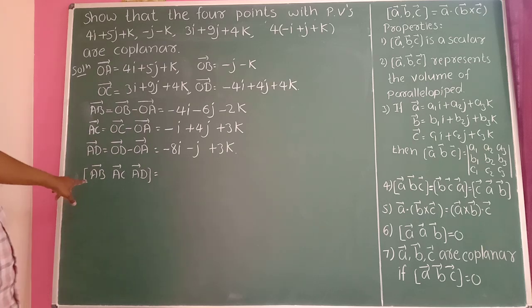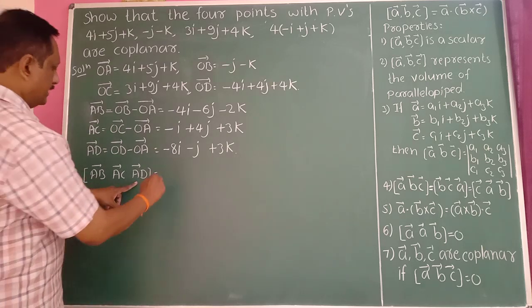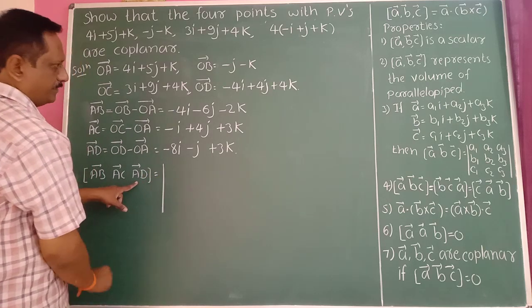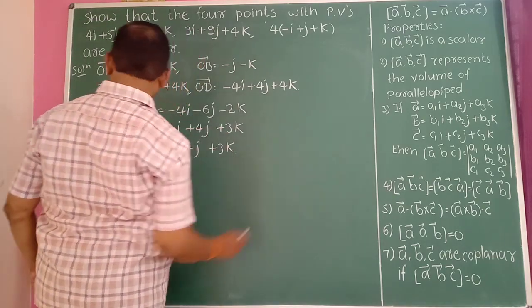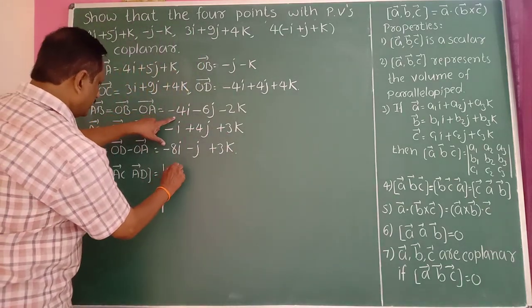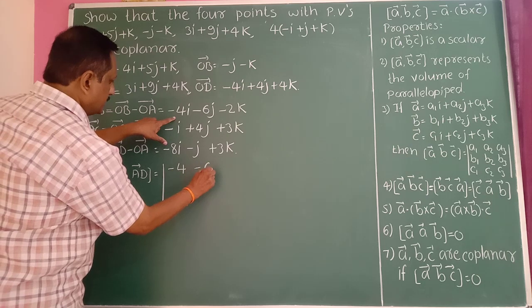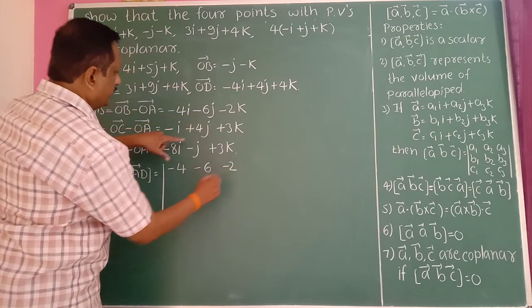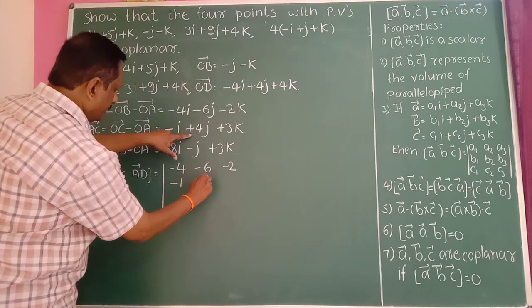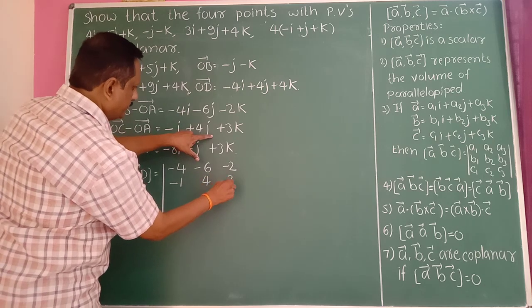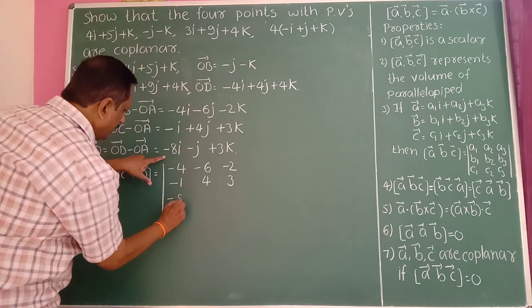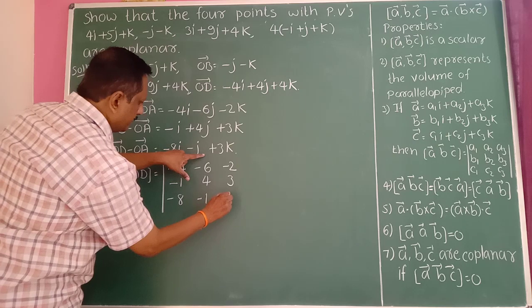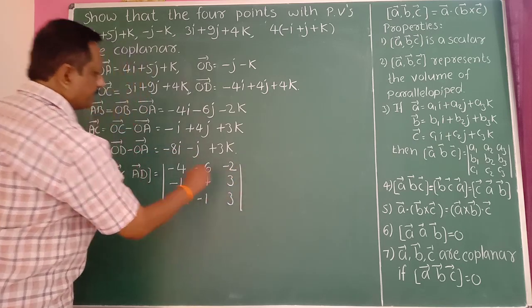Therefore, the scalar triple product of AB, AC and AD is equal to the determinant of, using this form here, minus 4, minus 6, minus 12, minus 1, plus 4, plus 3, minus 8, minus 1 and plus 3.